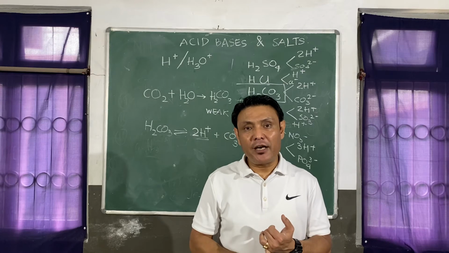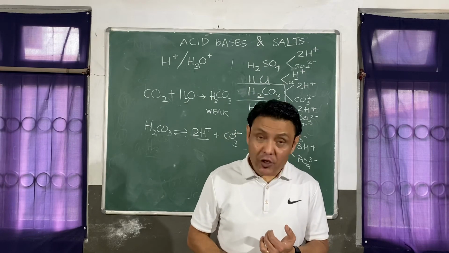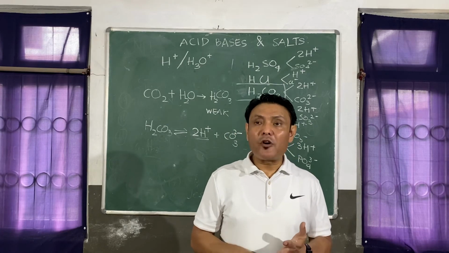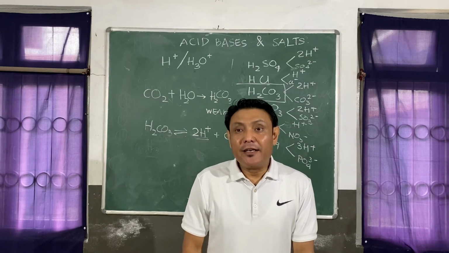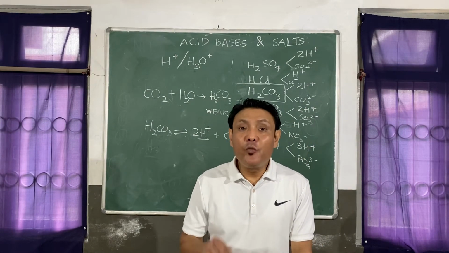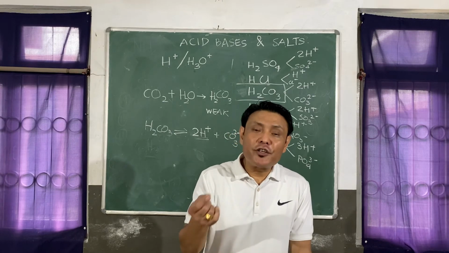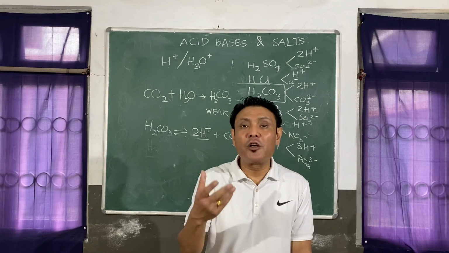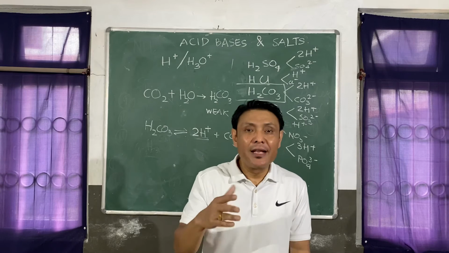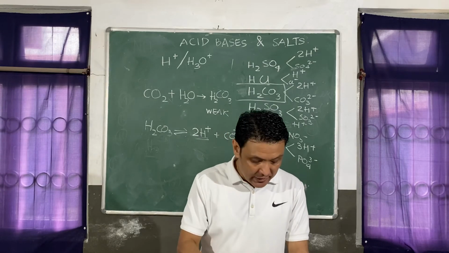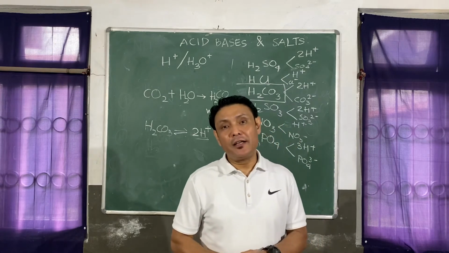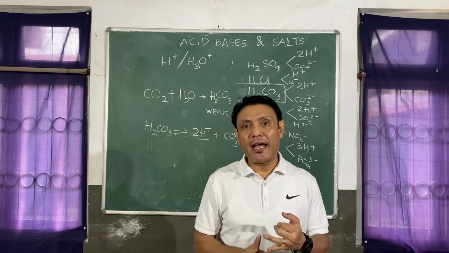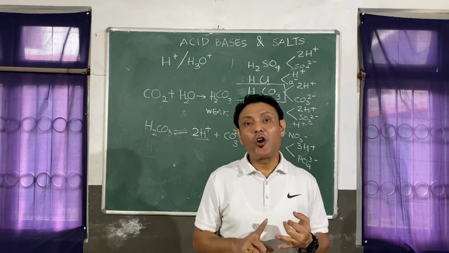Now, when we talk about dilute acids, they are those in which the amount or percentage of water is more than the acid. Then we call it a dilute acid. So please do not get confused between strong acid and concentrated acid.